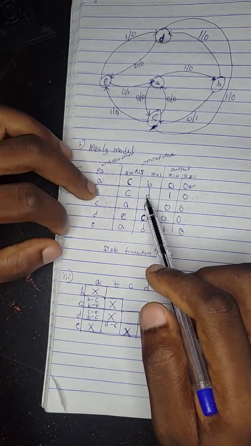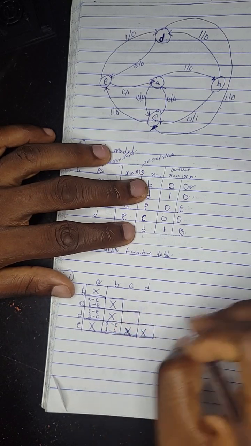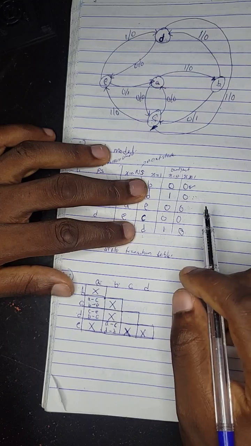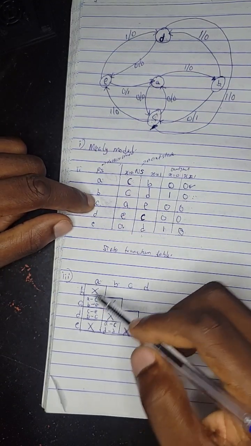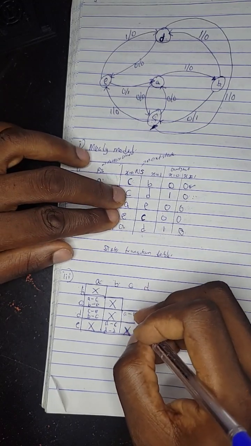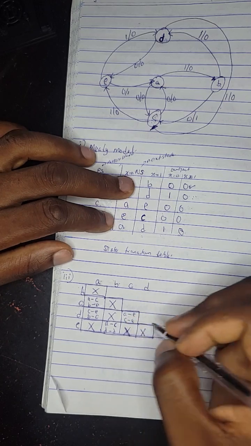So also for B and E to be equivalent, D and D have to be the same. D and D. The next thing is to do for C. For C and D to be equivalent, A and E must be the same, AE, and EC, or CE, must be the same.